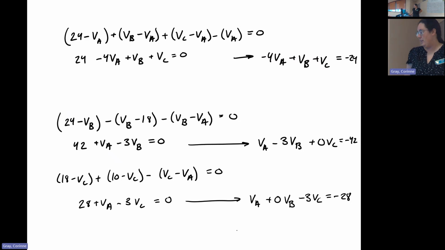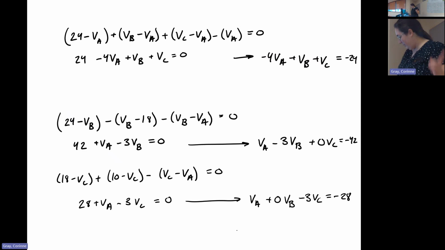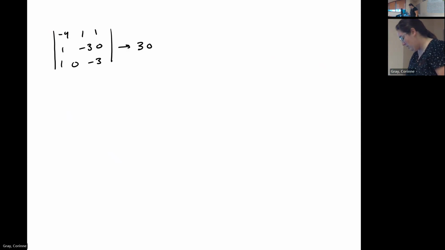The characteristic determinant, if we just write that out really quick, we have -4, 1, 1; 1, -3, 0; 1, 0, -3. That should go to 30. Or sorry, -30.